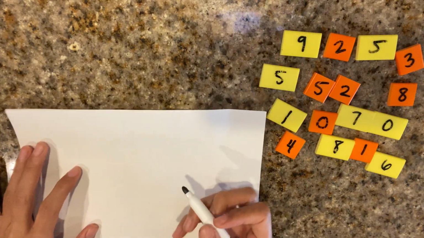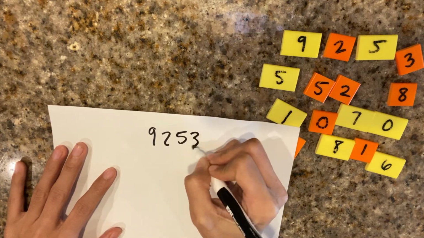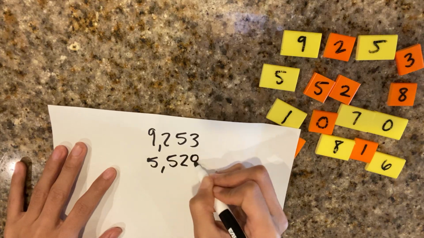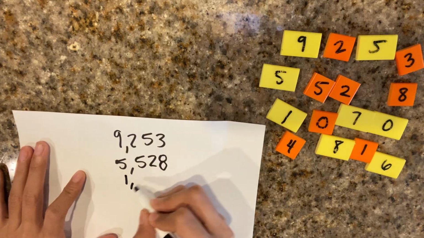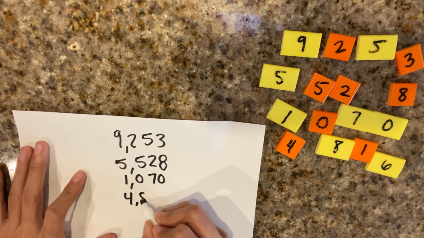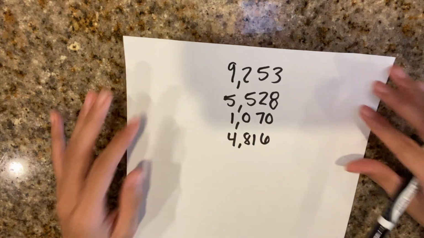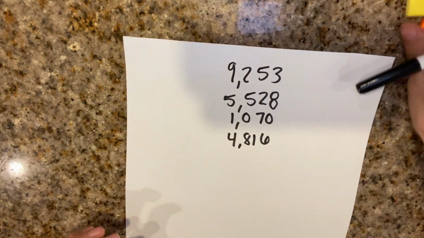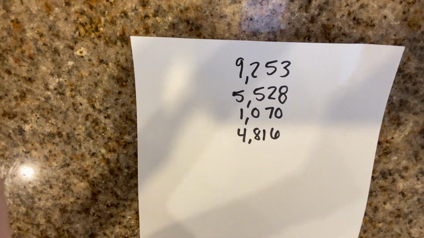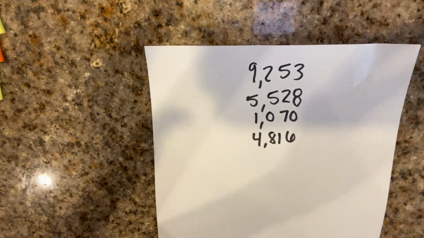So we said 9,253, 5,528, 1,070, and 4,816. Those are the 4 numbers that we made just by flipping those over. Now we're gonna want to order these numbers from greatest to least, and then you can try even least to greatest.